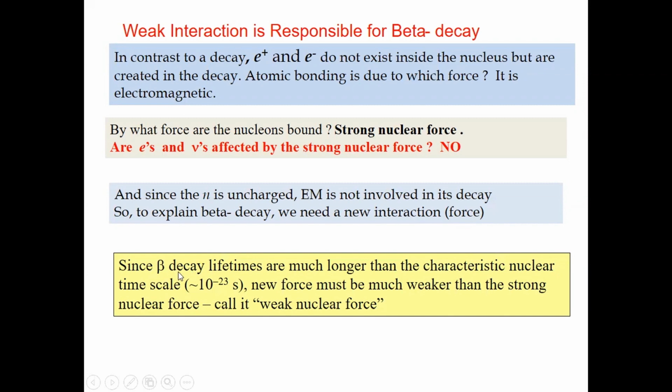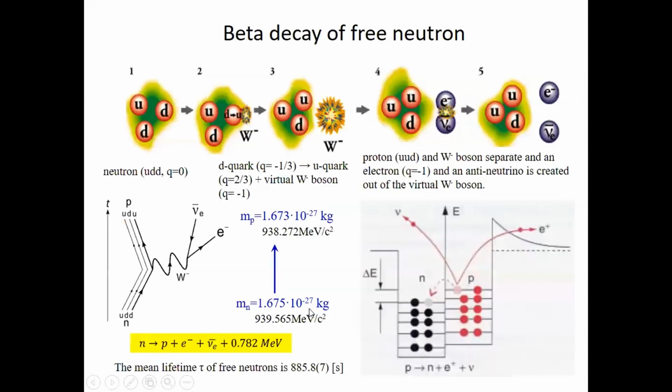Since beta decay lifetimes are much longer than the characteristic time scales in the nucleus, of the order of 10 to the power minus 23 seconds, this new force must be very weak compared to the strong nuclear force. So that's how it was termed the weak nuclear force.